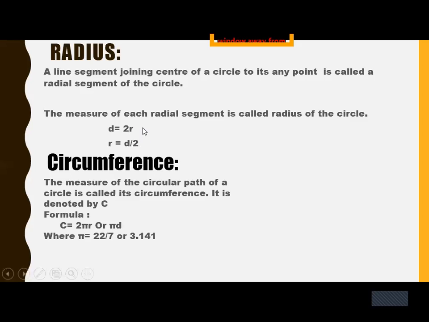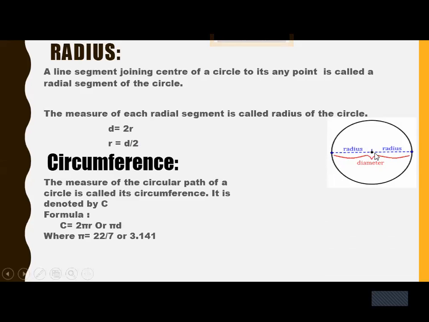Now, radius. Look at this diagram carefully. A line segment that joins the center of the circle to any point of the circle is called a radial segment of the circle.